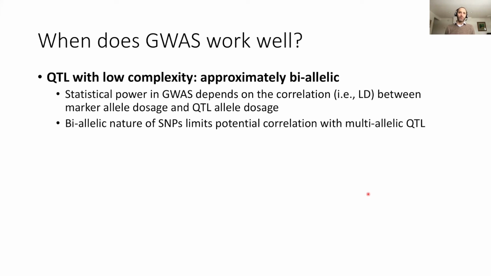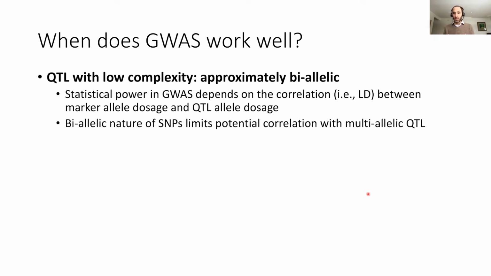So the first one, that your QTL is approximately biallelic. This admittedly is a bit of a circular argument, but if we accept that, for the most part, the kinds of marker data sets that people are using are biallelic SNPs, although you can get beyond that. But if you are using biallelic SNPs, then you're relying on them to have LD with your QTL, and there's only so much LD you can get between a biallelic entity and a multiallelic entity.